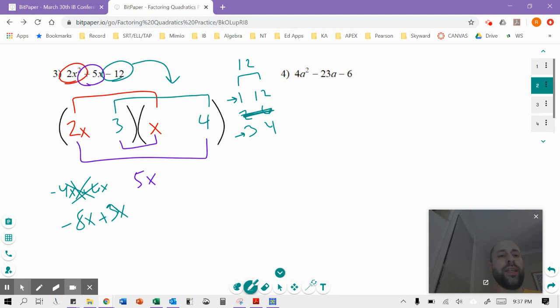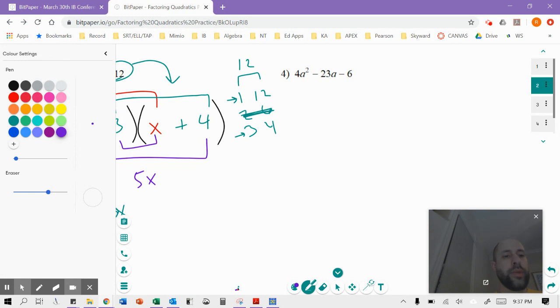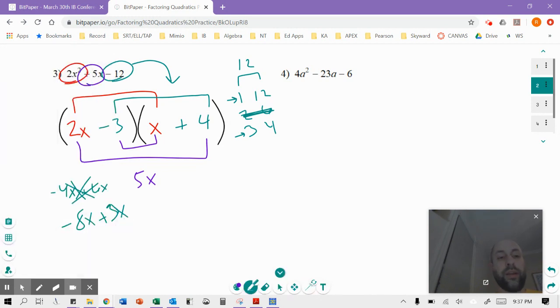So that means that needs to be negative 3 and positive 4. So now if I check this one last time, this should be my final answer. And I get negative 3x and an 8x, and that does add up to 5x. So final answer is 2x minus 3, x plus 4.